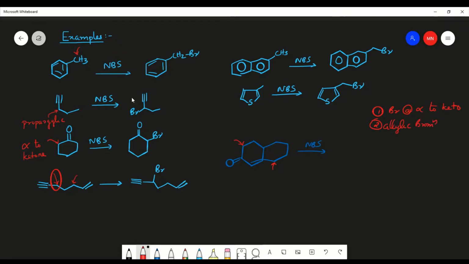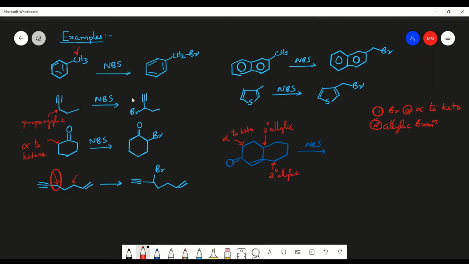Okay. Now if you are seeing over here, here also there is one hydrogen, so this position is also possible. So this is secondary allylic, right? And this is tertiary allylic, and here this is alpha to the keto group.